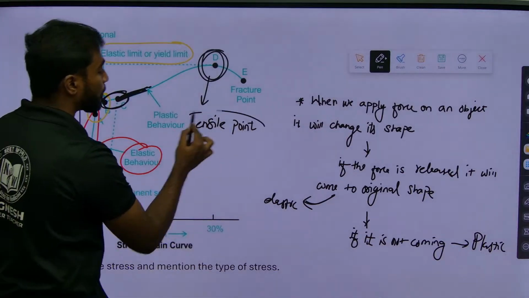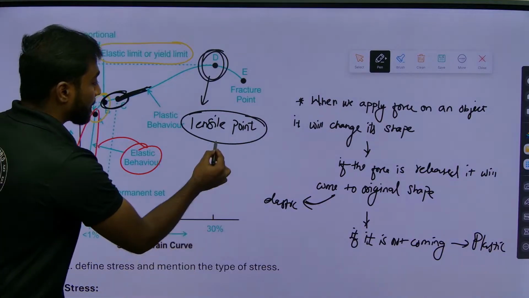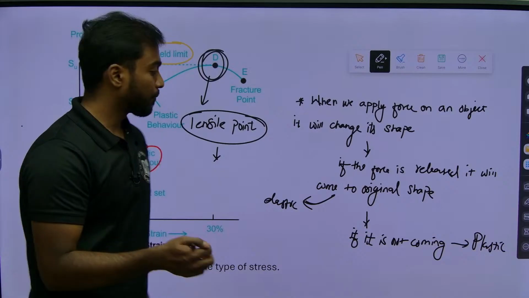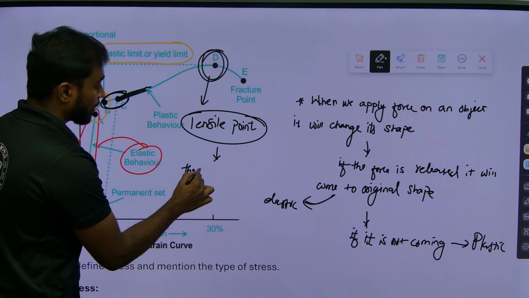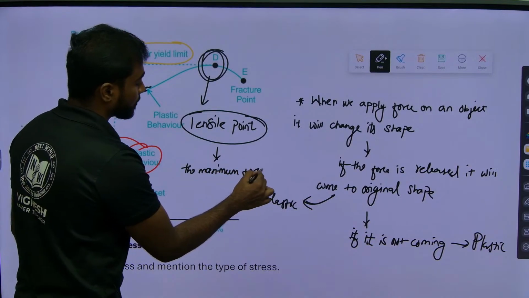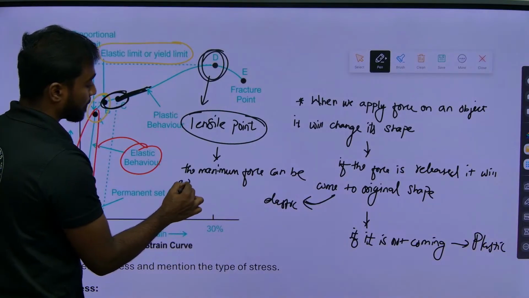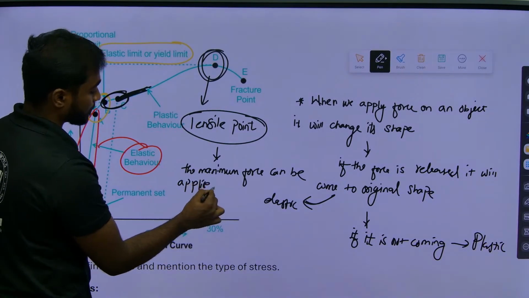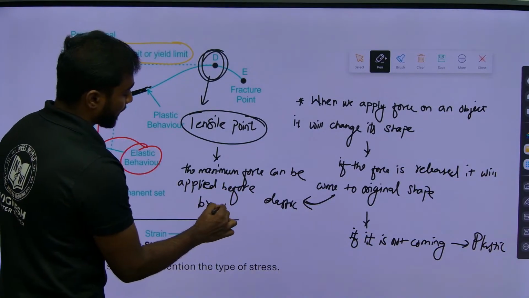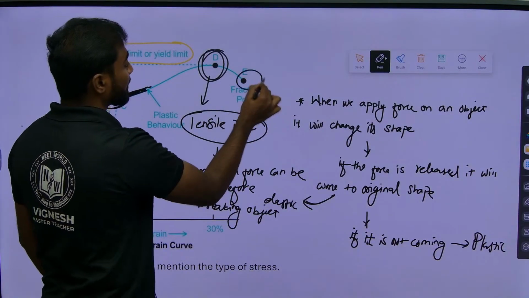Tensile point means the maximum force that can be applied to an object before fracture, before breaking the object. So E is nothing but the fracture point.